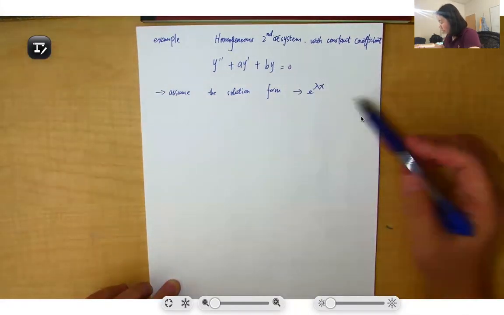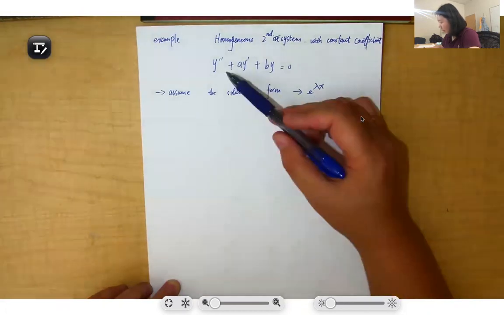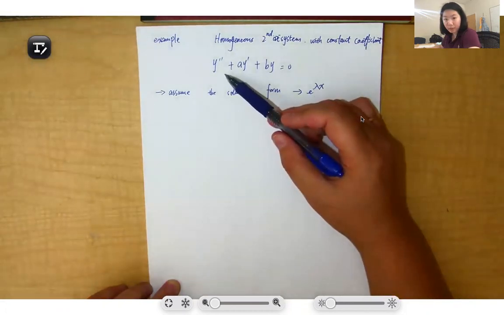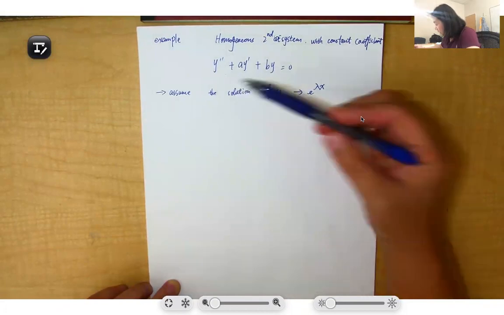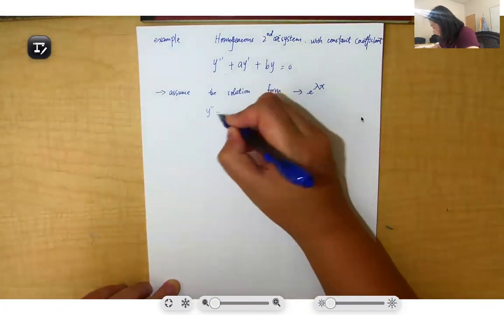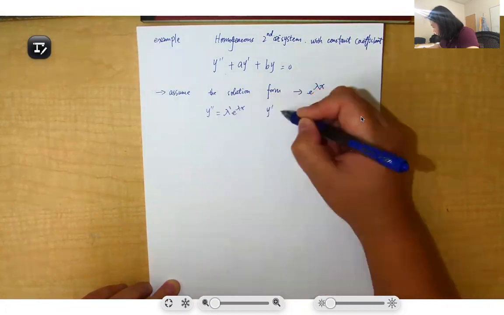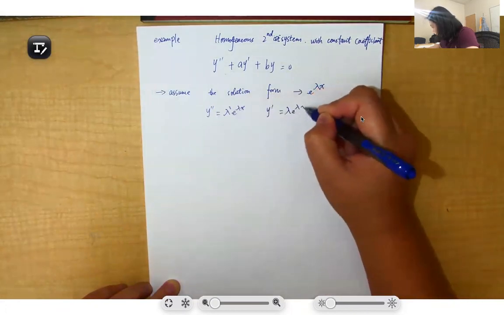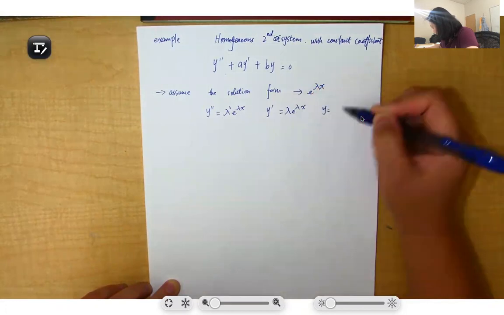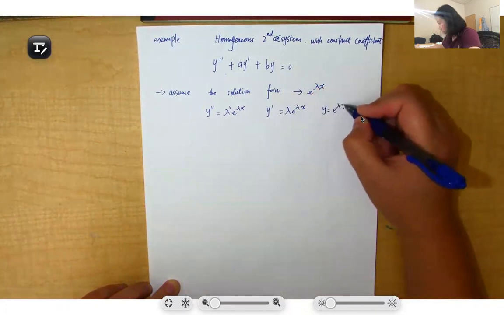Then we can put this form back into our second order ODE, where y double prime equals lambda squared e to the lambda x, y prime equals lambda e to the lambda x, and y equals e to the lambda x.